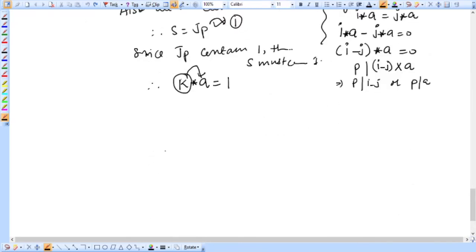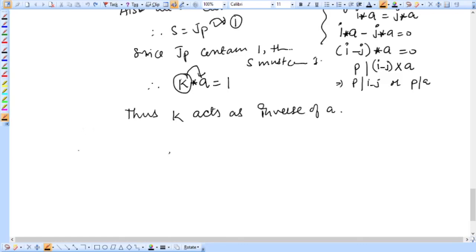Thus k acts as the inverse of a. Since we have taken this a arbitrarily, we can say the inverse of all the elements exists in this case.